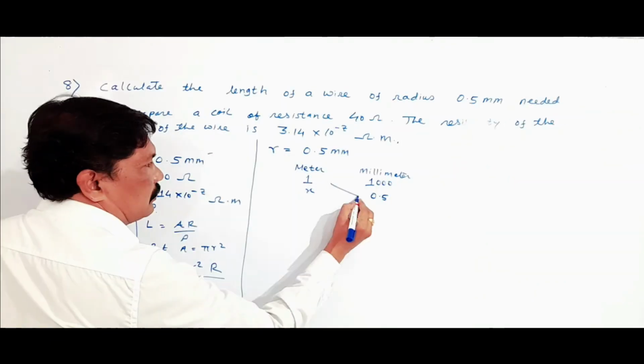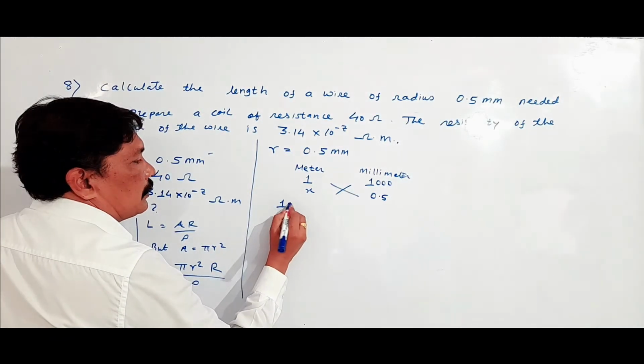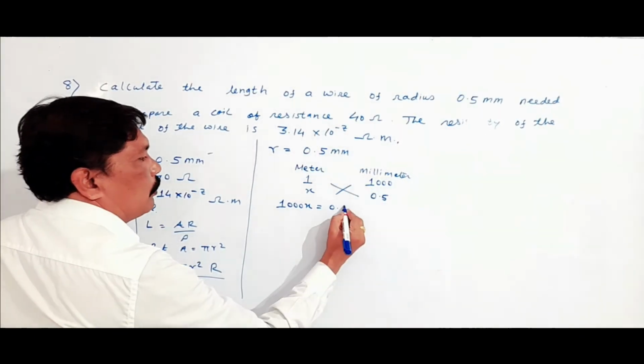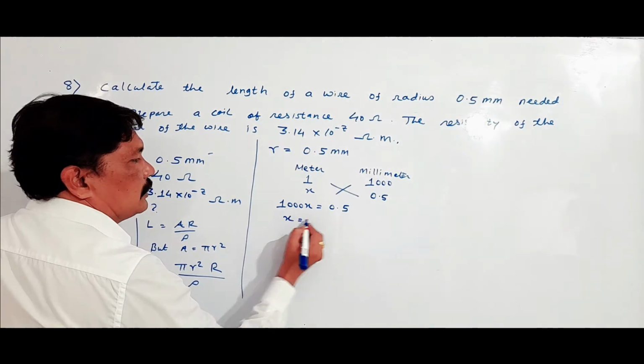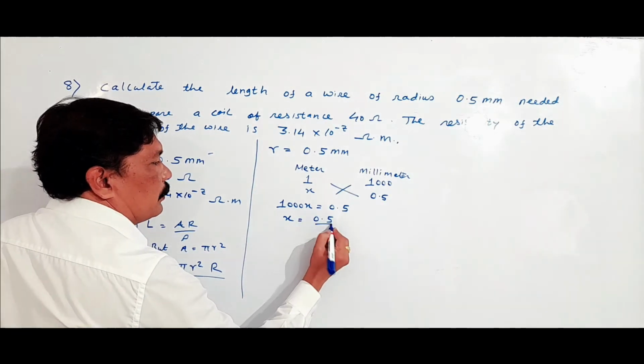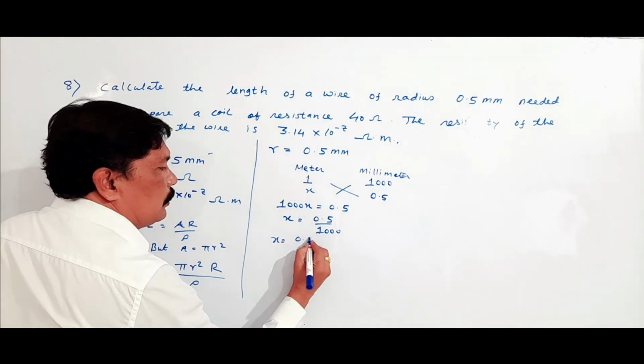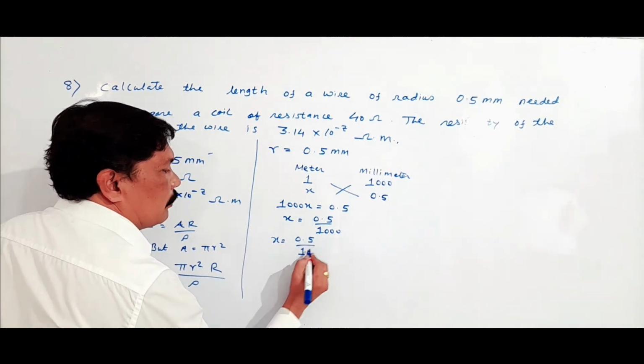Cross multiplication we can take. 1000 x is equal to 0.5. X is equal to 0.5 upon 1000. X is equal to 0.5 upon 10 to the power 3.